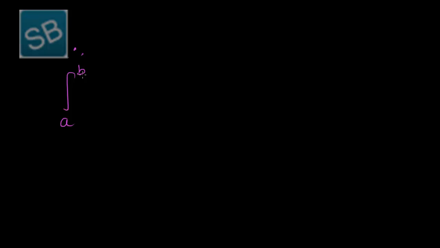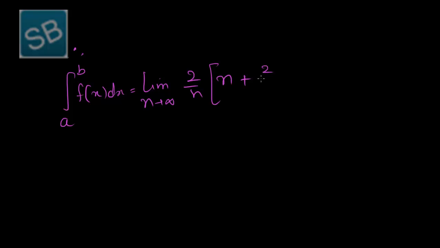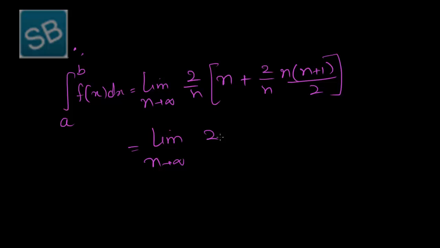the integral from a to b of f of x dx is equal to limit n tends to infinity 2 over n in the bracket n plus h, where h is replaced by 2 by n, and the series is replaced by n into (n plus 1) over 2.